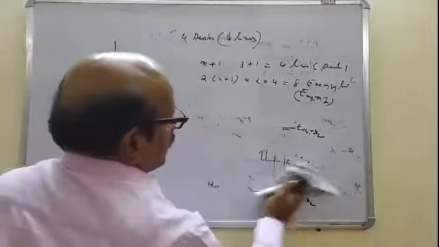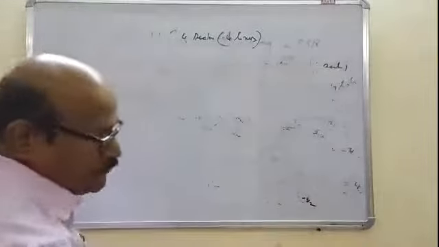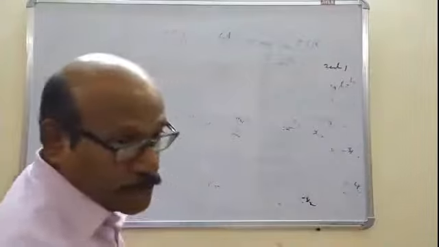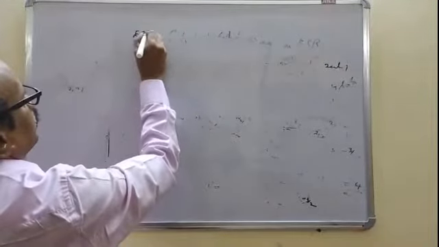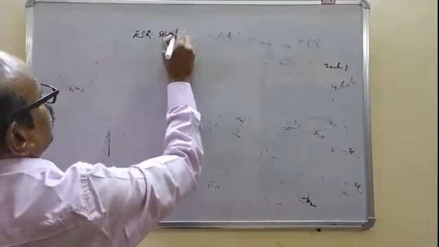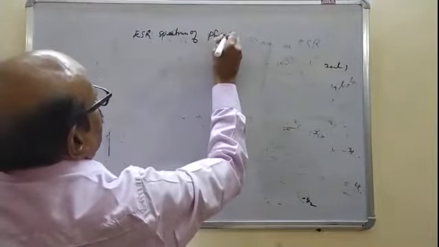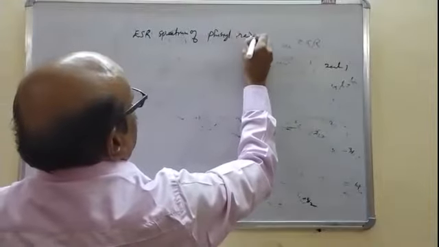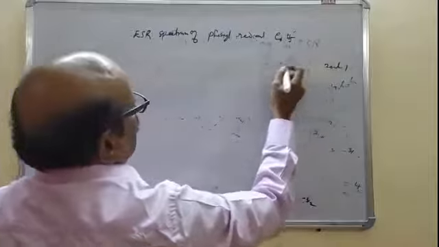And finally, consider the case of the phenyl radical, C6H5 radical, where more than one identical proton is the example. The ESR spectrum of the phenyl radical is represented like this.